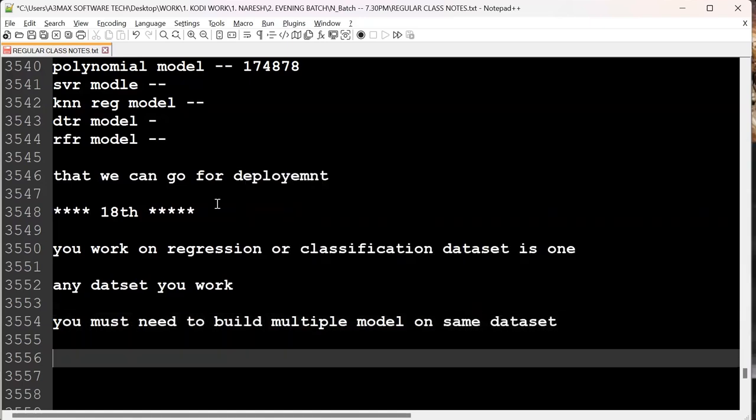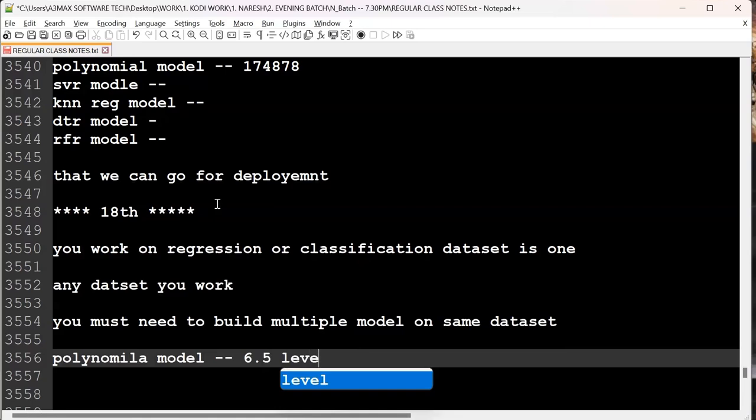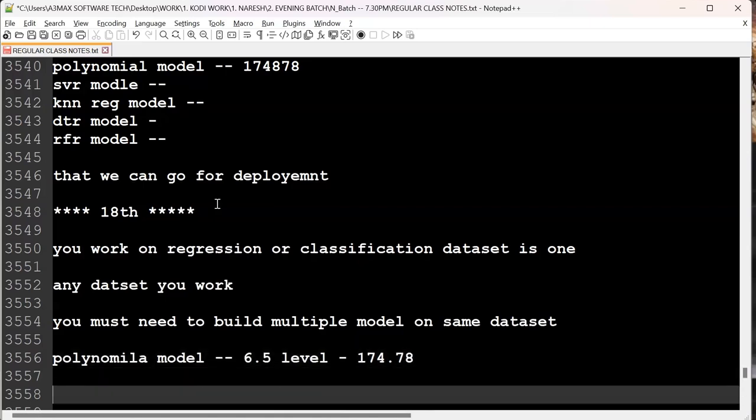I mean to say, yesterday we had a data set. Which model did we build? Polynomial model. And what did the model predict for 6.5 level experience? What is the model prediction, guys? 174 point, I think 7, 8 something, the model predicted, isn't it?